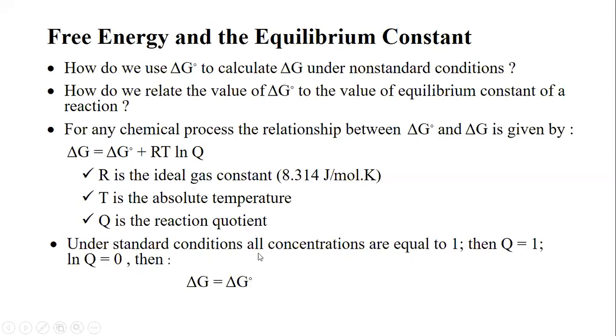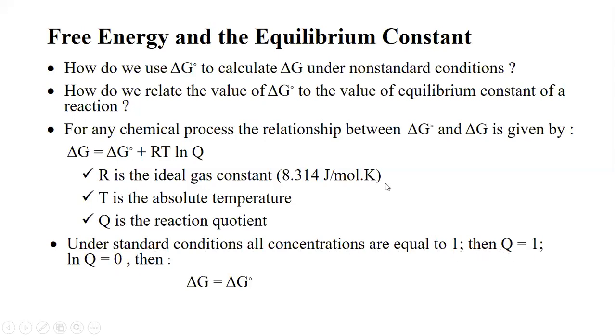Under standard conditions, all concentrations are equal to 1. That's by definition. That's why it is called standard. If under standards all the concentrations are equal to 1, then Q equals 1.